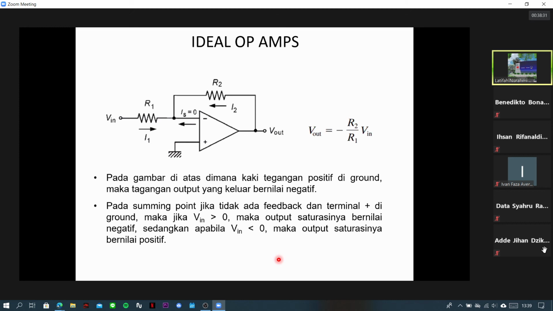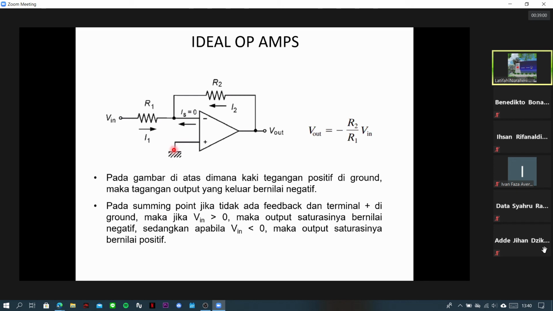The ideal operational amplifier is shown in the figure here. We have a triangle operational amplifier, and the positive voltage here is connected to the ground.